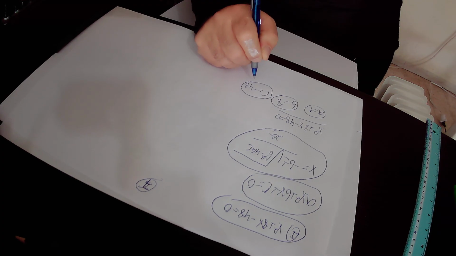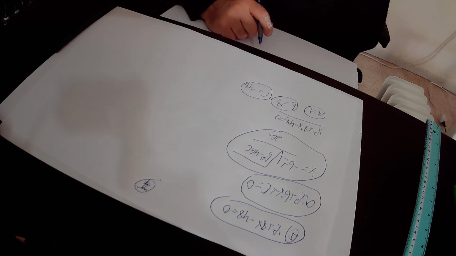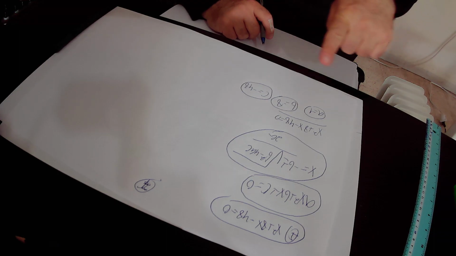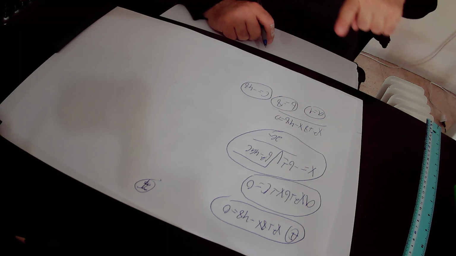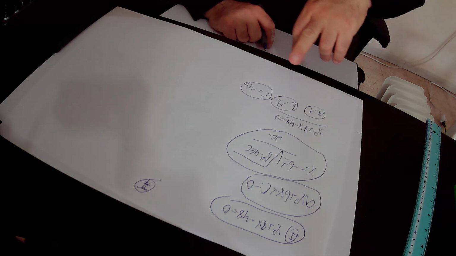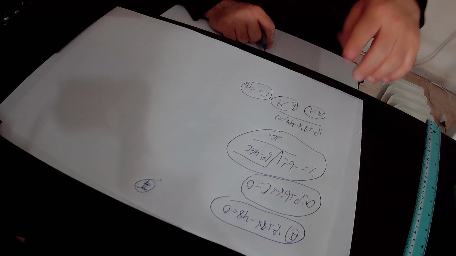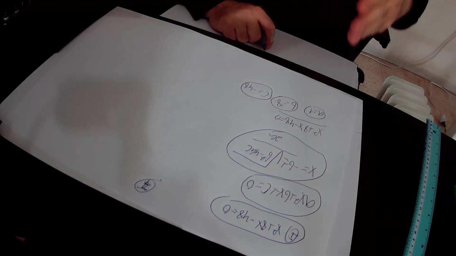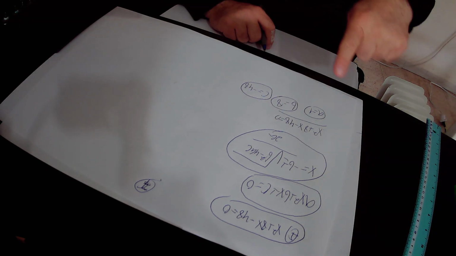So now we put the values of a, b, and c that we found for our specific quadratic equation, x squared plus 8x minus 48, inside this general formula for x in order to find out the values of x for our specific quadratic equation.